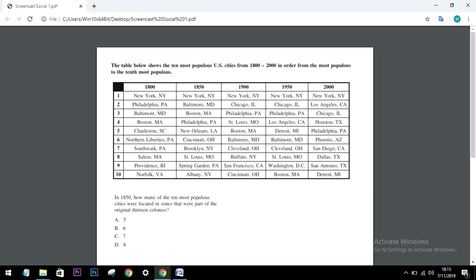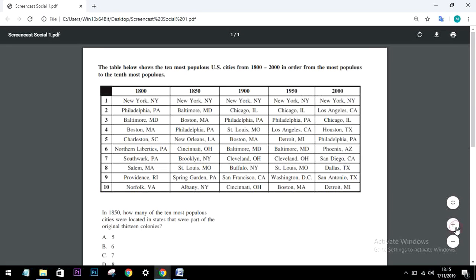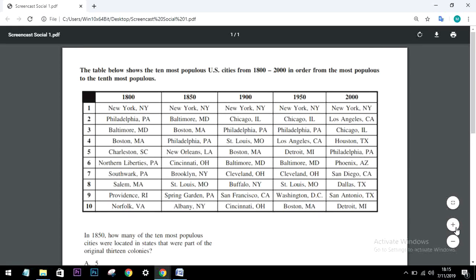Let's take a look. Let's zoom in a bit. The table shows the 10 most populous U.S. cities from 1800 to 2000 in order from the most populous to the 10th most populous.